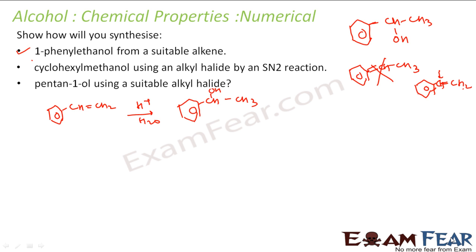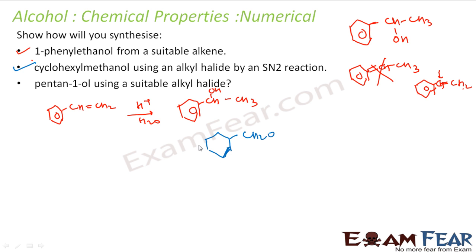Okay, let's try the second one. Second one is in blue. Cyclohexyl methanol using any alkyl halide by SN2 reaction. So what I want is this. Yeah, cyclohexylmethanol. Please note there is no double bond.